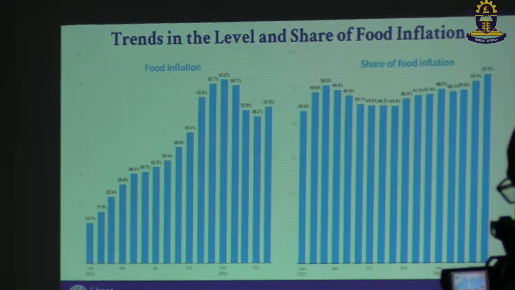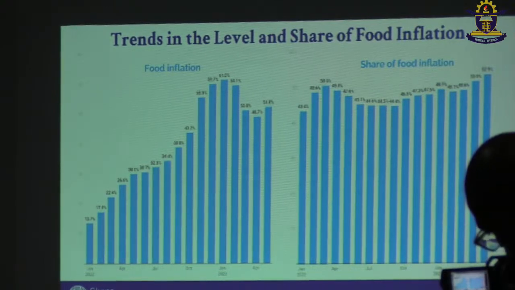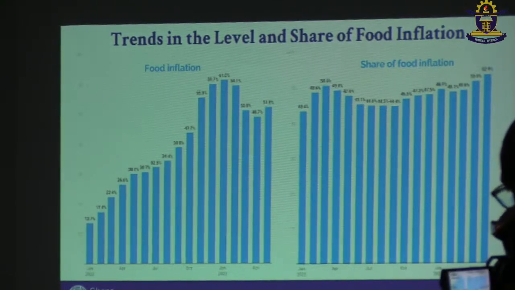Since January 2022, it peaked in January 2023 with a rate of inflation of 61.0%. This is more than 3 times the rate of food inflation which was recorded in January 2022. In January 2022, food inflation stood at 13.7%, and the peak was 61.0% for January 2023.